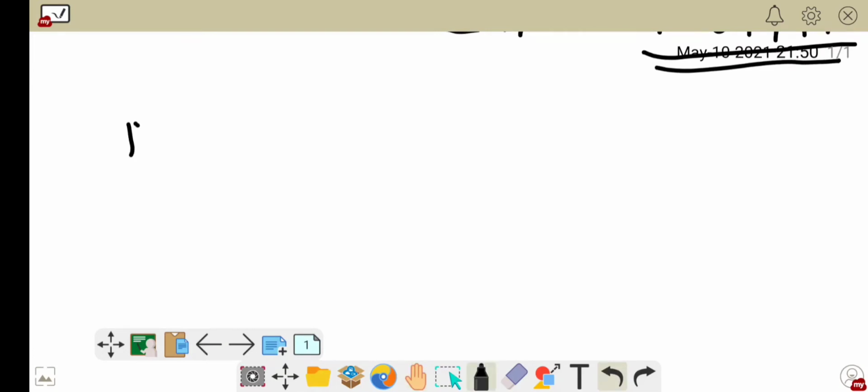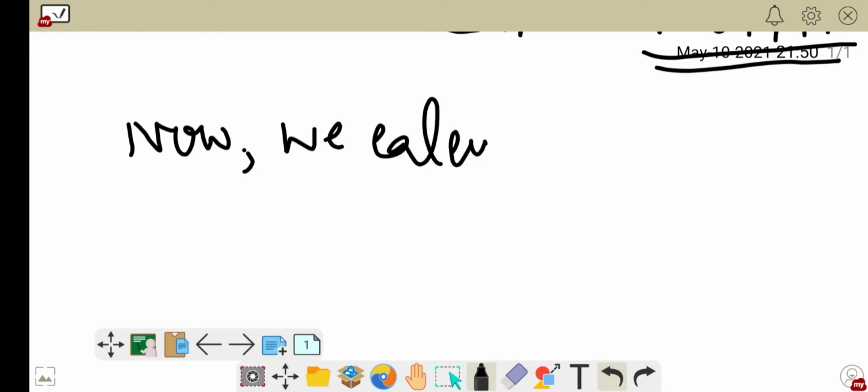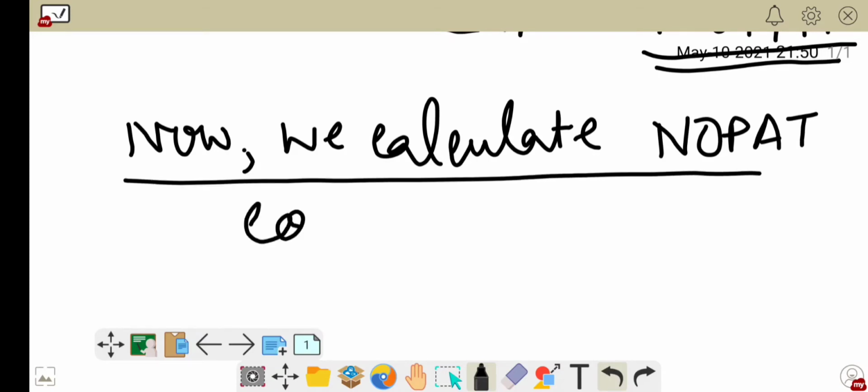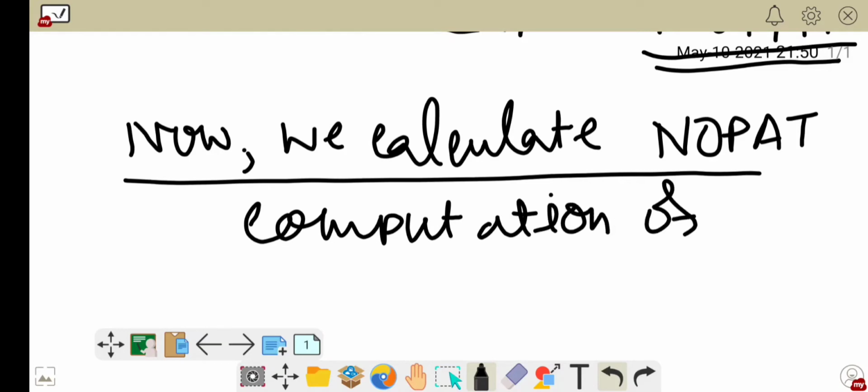Now we will calculate NOPAT. We'll make a heading like that: Computation of NOPAT.